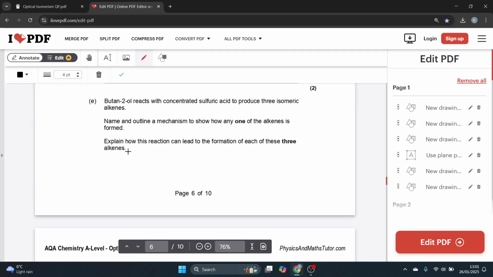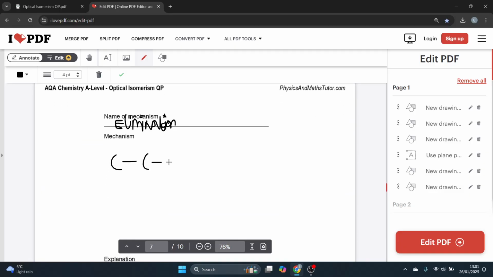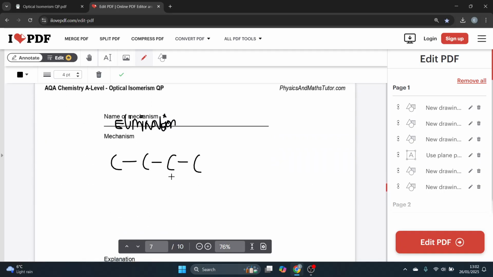So I've got butan-2-ol: methane, ethane, propane, butan-2-ol. So this is not really relevant to optical isomerism, because this is a year 1 mechanism. But you can see how they mix up topics.